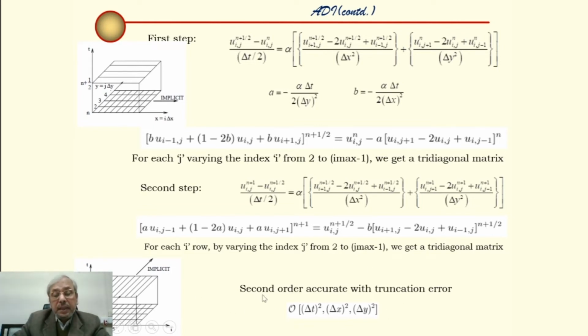And this is second order accurate in space and time, and this is called alternate direction implicit scheme. It is implicit in alternate directions. Once it is implicit in i direction, another delta t by 2, it is implicit in j direction.